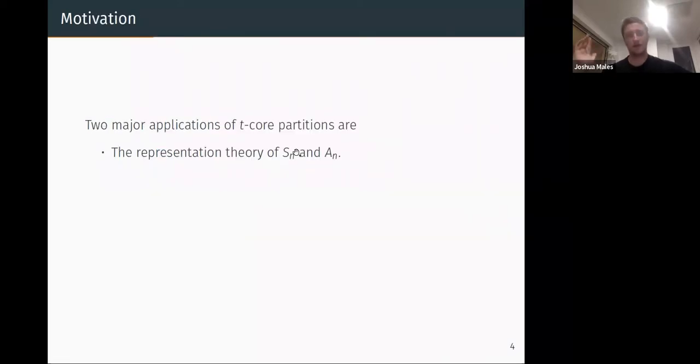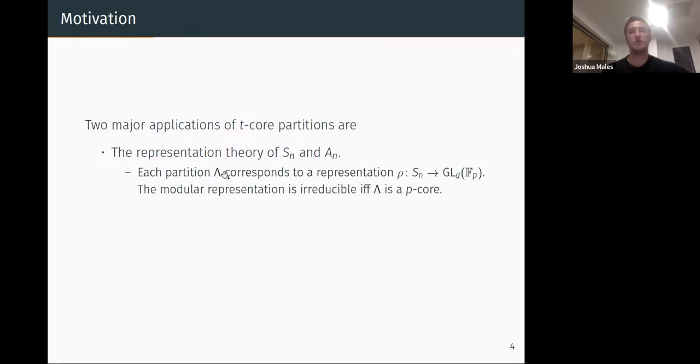Okay, why do we care about these things? There are two major applications that I've come across. First, t-core partitions capture the representation theory of the symmetric groups Sn and An. How do they do that? Each partition corresponds naturally to some representation that takes Sn to GL_d over some finite field.